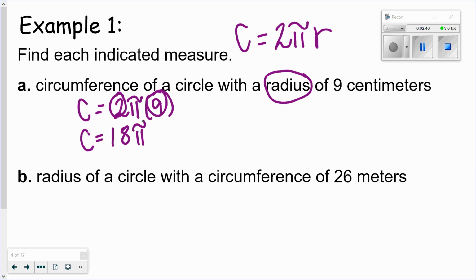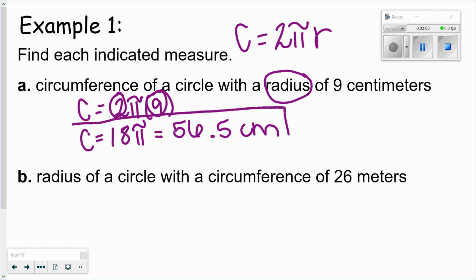Otherwise, you could plug in 3.14, or you could plug in the pi button on your calculator. So you take 18 times pi, which is roughly 56.5 centimeters. I want you to notice that circumference is a length. It's not an area. So when you label it, you are labeling it as centimeters. We're not squaring that at all.